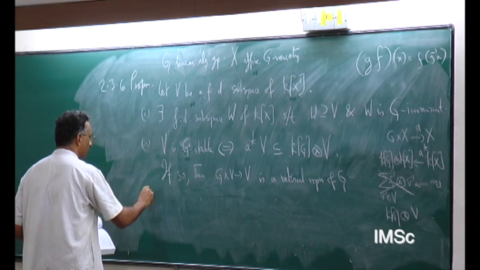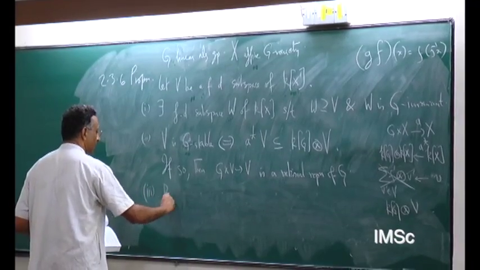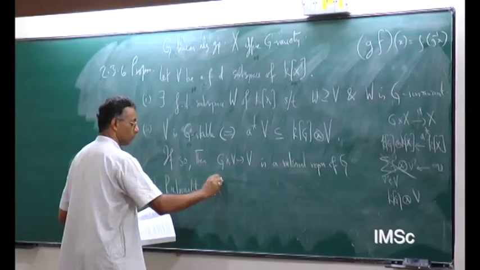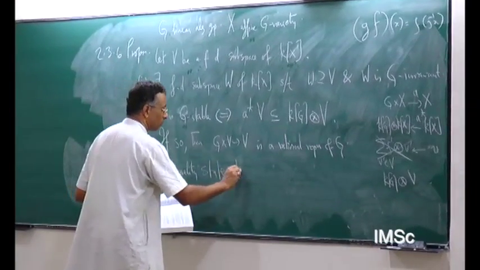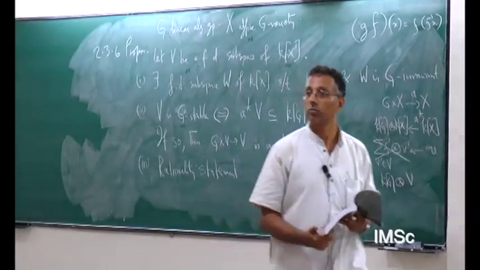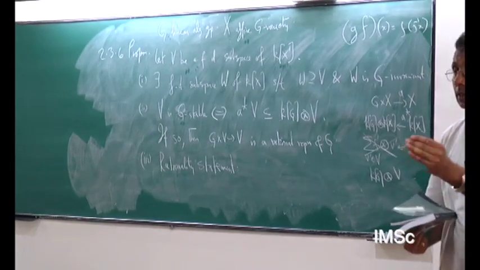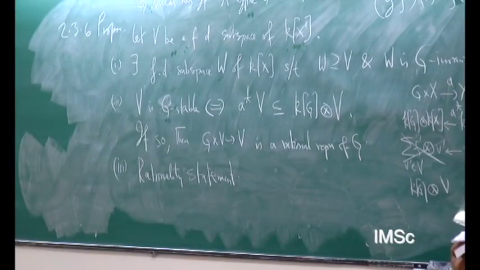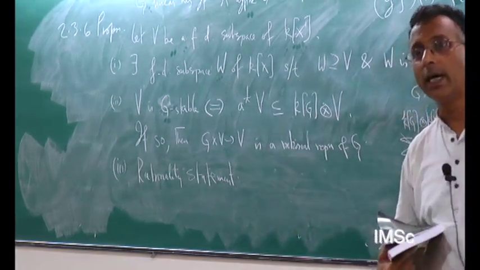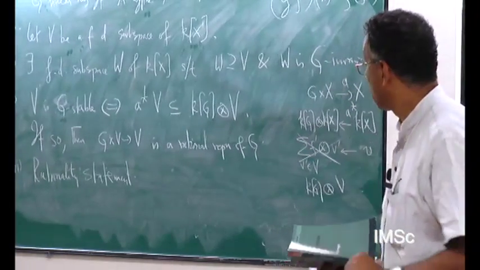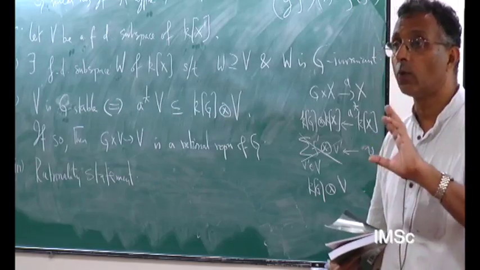Okay, 3, I will just say, rationality statement. That will be the part where, if all the data given are defined over a subfield F, then the conclusion can also be done over F. At some point I will define what it means.